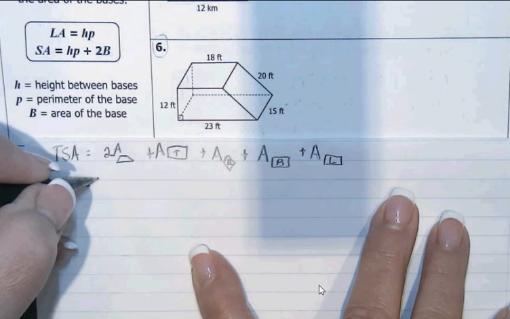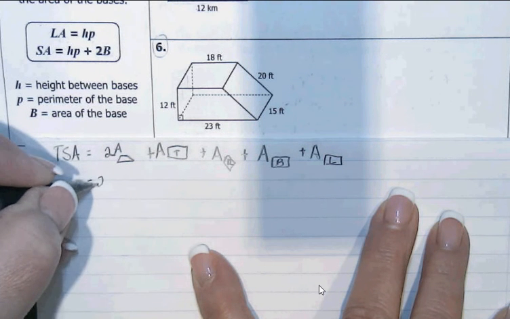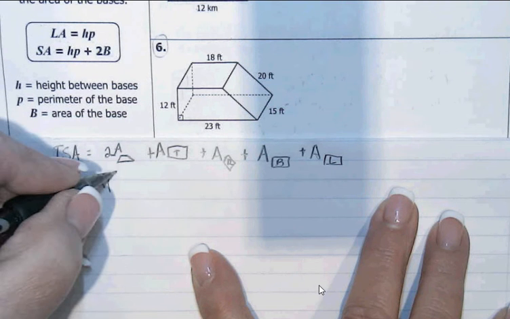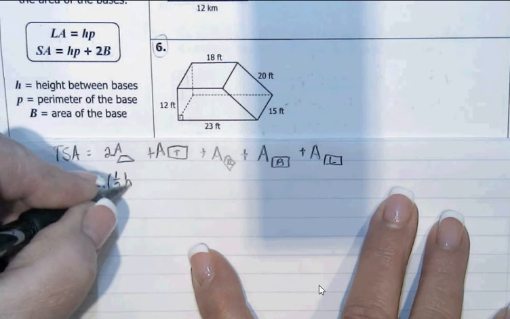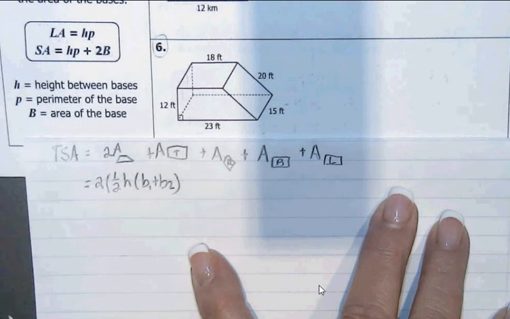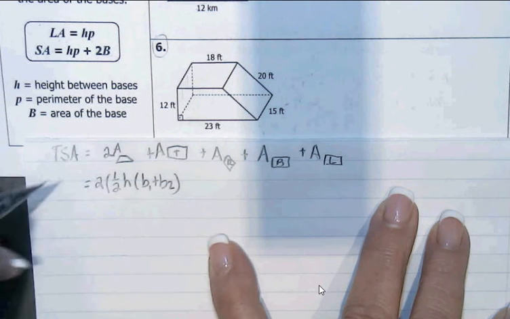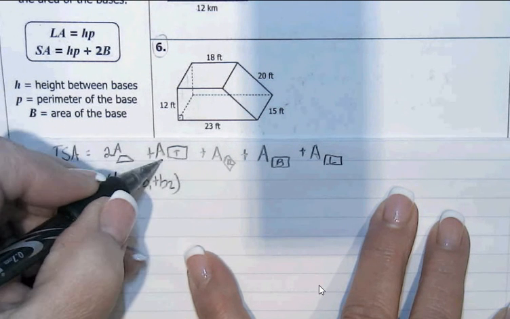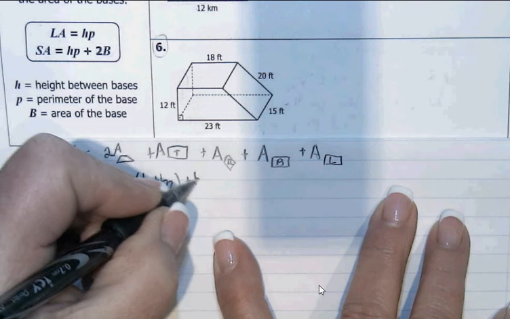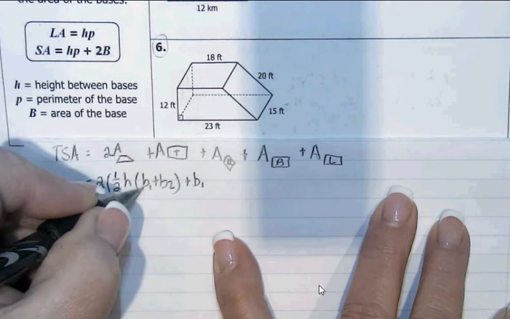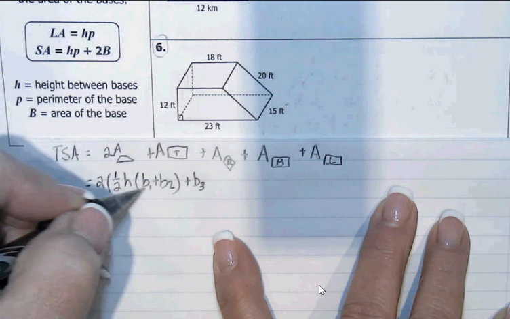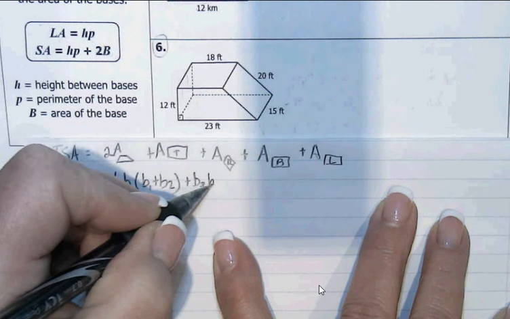All right, so let's go for the trapezoids. So we have 2 of them, so we're putting down the 2. The area of the trapezoid formula is 1/2 height times base 1 plus base 2. And for the rectangle that's on the top, we're going to call this one base 3 because we're going to have problems with these B's, times height 3.